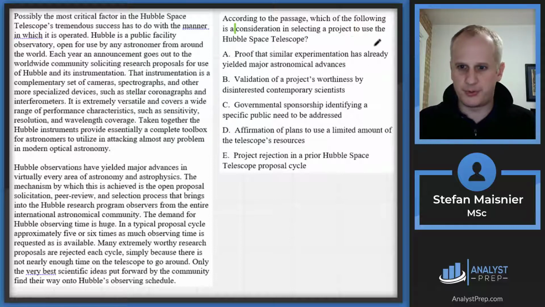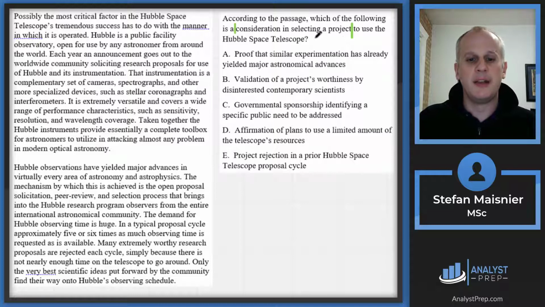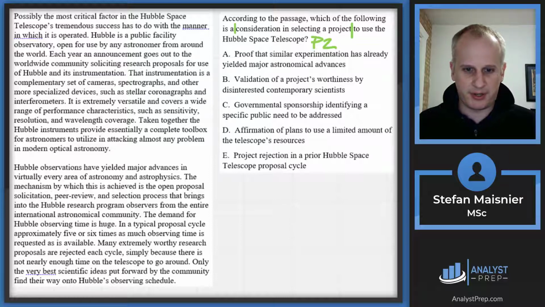Because the whole passage, we recall, is about the Hubble Space Telescope, and we know that the selecting of the project comes in paragraph 2 from the effort that we did with our passage mapping. So now we've got to go into the passage here, and we've got to go find where we're talking about the selection process. And I see it right here.